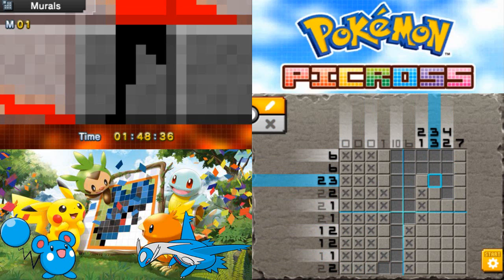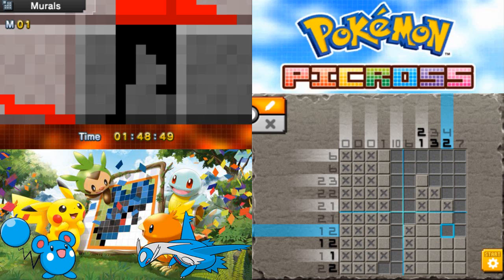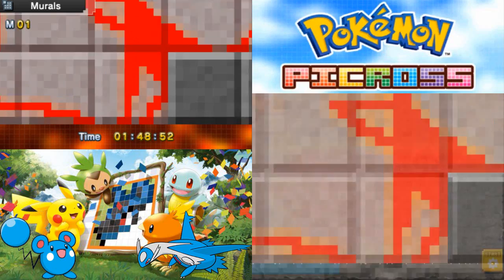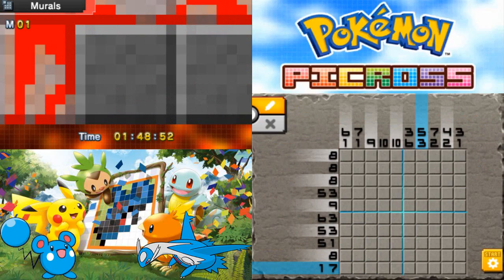So that's a 4, that's a 3. So we have a 2 right there, 3 right there, 6 right there, 6 right there, 7, that's a 2. There we go. And I think we got it at this point. 2 more tiles to go.